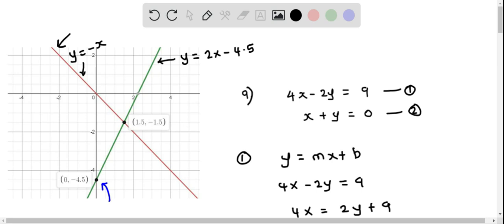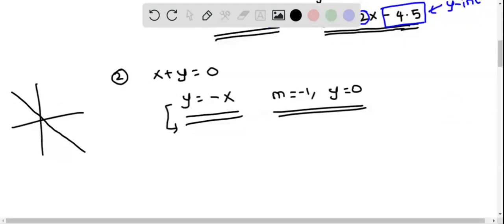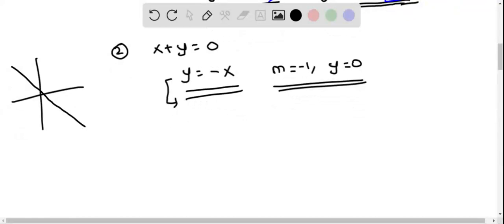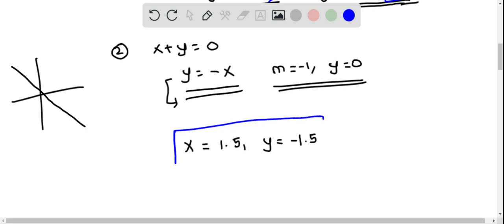And these two graphs intersect at the point, if you look at this graphically, at 1.5 comma negative 1.5. So therefore, the intersection of these two graphs is the solution to the system of equations. So we say that x equals 1.5 and y equals negative 1.5 is the solution to the system of equations which we identified graphically.